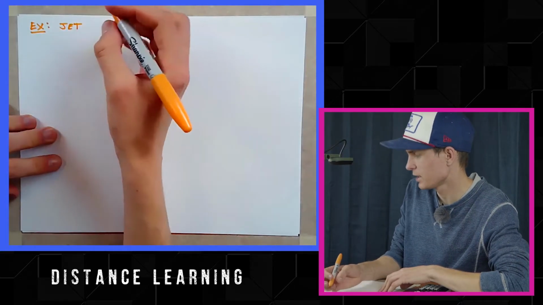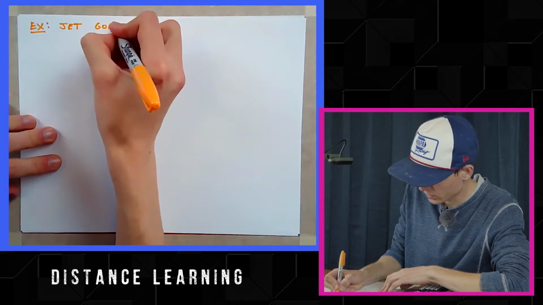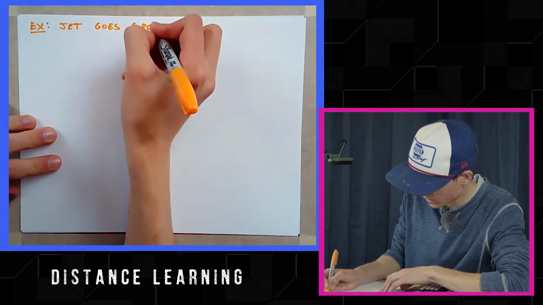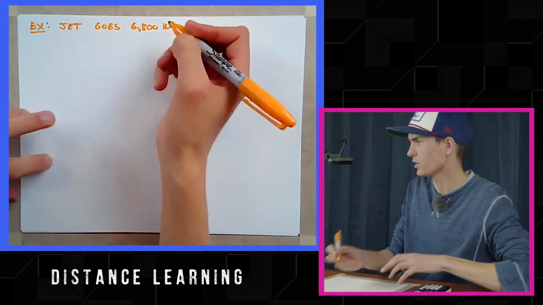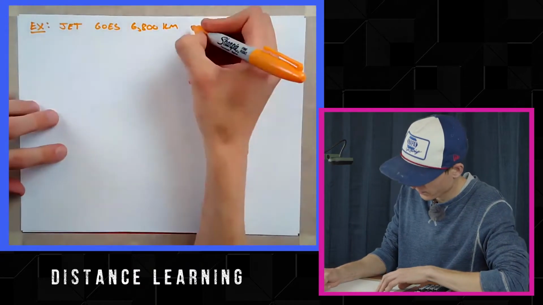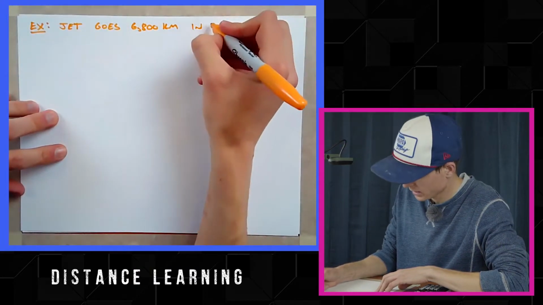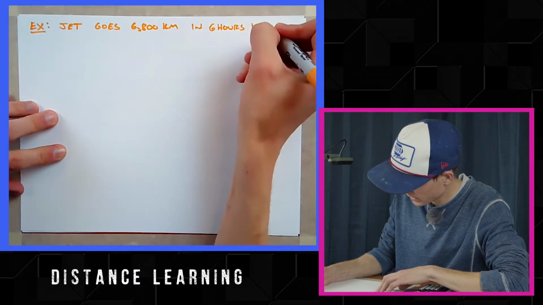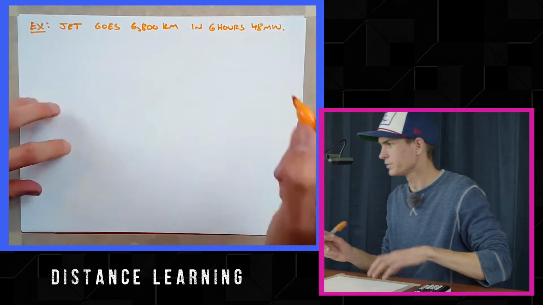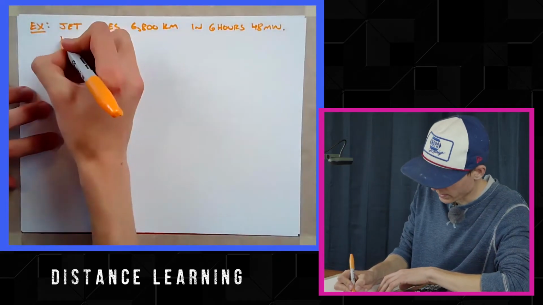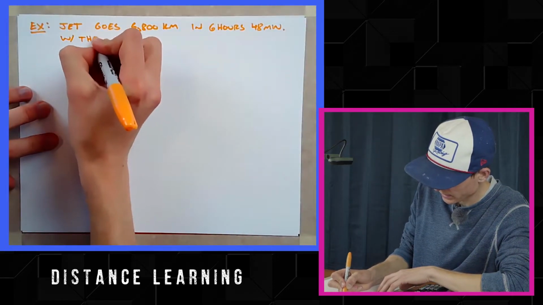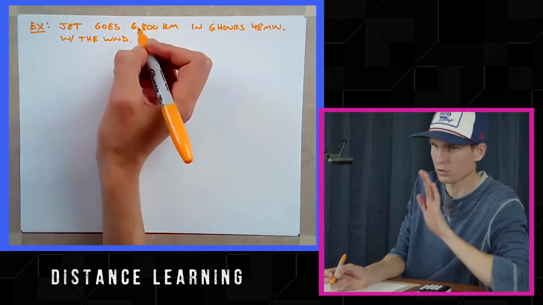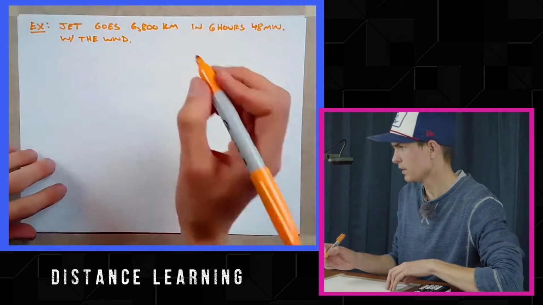So I'm going to try and simplify this. A jet goes 6,800 kilometers. The book says it's going from New York to Paris, but that doesn't matter. It takes 6 hours, 48 minutes with the wind. The wind is helping push it, so it's going to go faster.